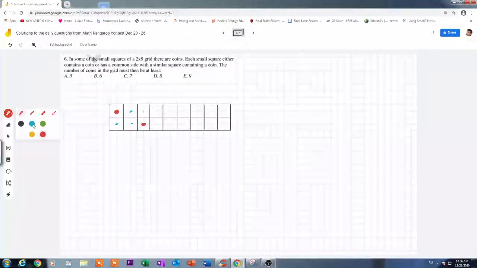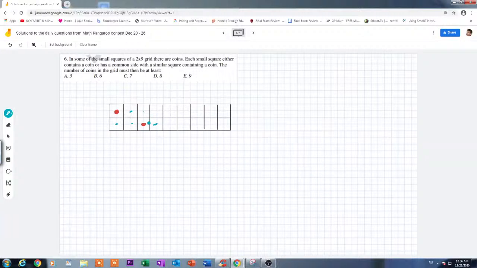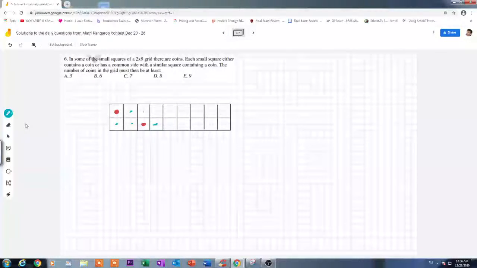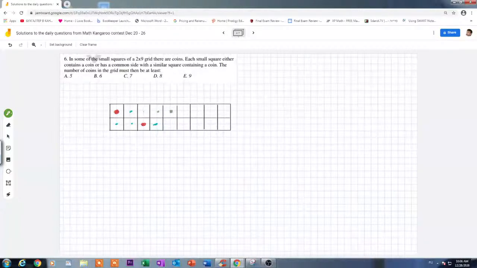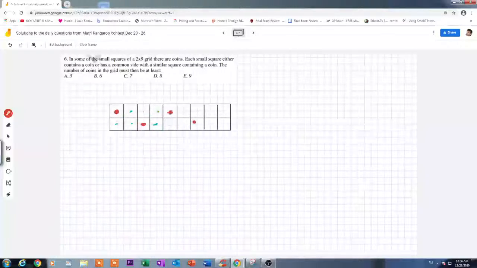So in this case, our condition is satisfied. Then this cell borders the cell that contains a coin. So now, what about this cell and this cell? Okay, so it looks like we need to place a coin here, right? And now we see that we have a pattern here.